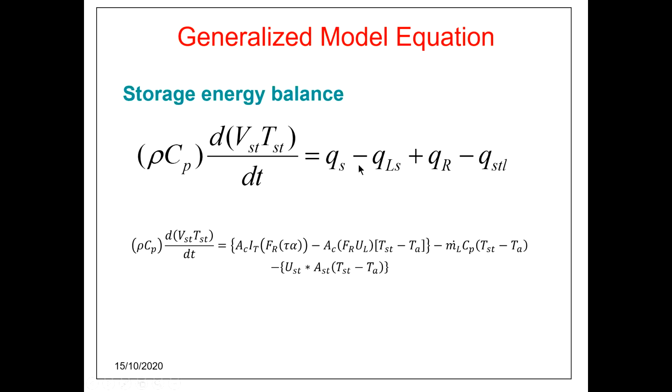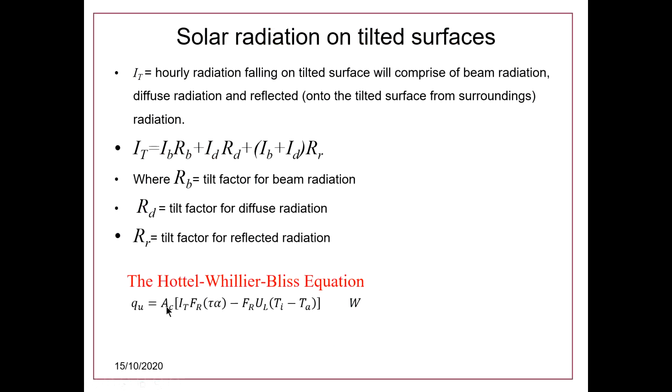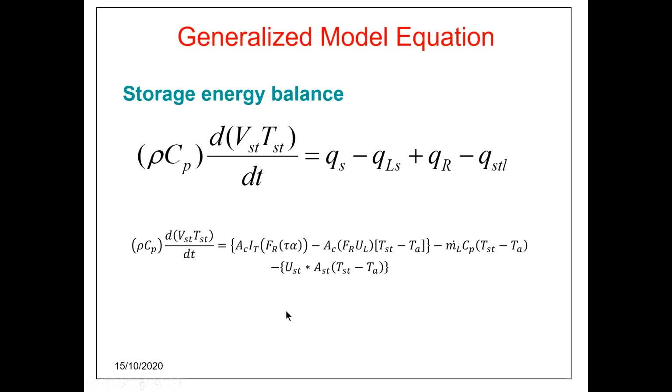Now if we expand these expressions, all of them are written in terms of the storage tank temperature Tst. So rho Cp d(Vst Tst) by dt is reproduced here, which is equal to, now we have to write the expression for Qs, which is nothing but this Hottel-Whillier equation.